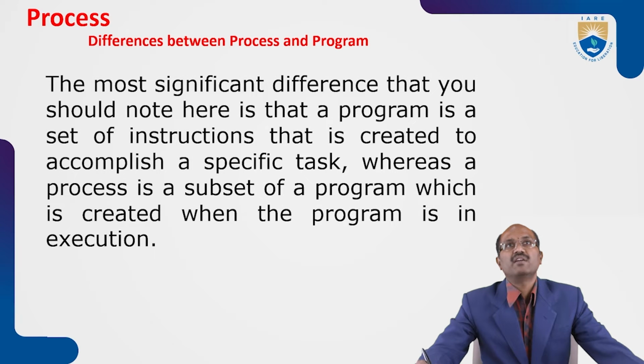So coming to the main differences between process and program, the most significant difference that you should note here is that a program is a set of instructions that is created to accomplish a specific task, whereas a process is a subset of a program which is created when the program is in execution.